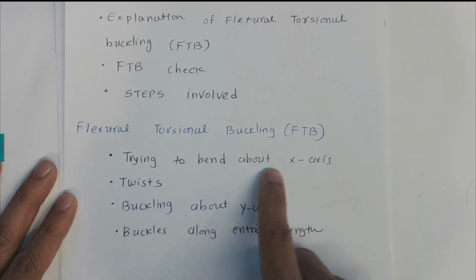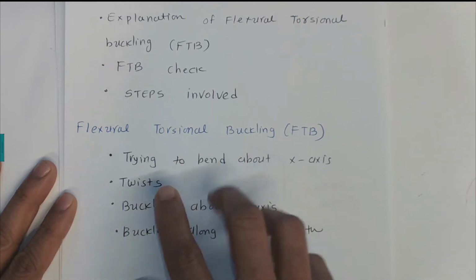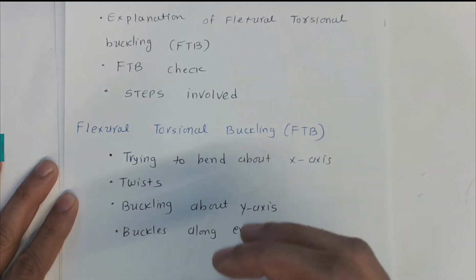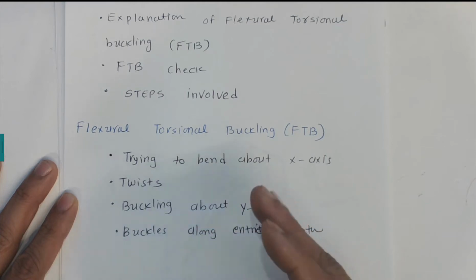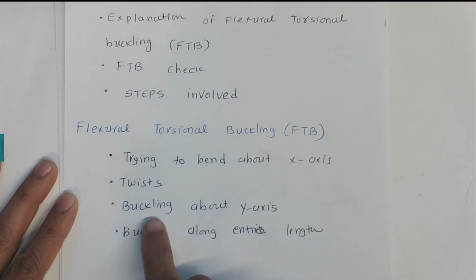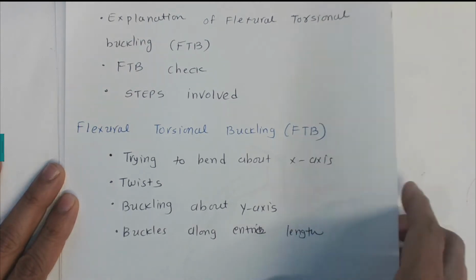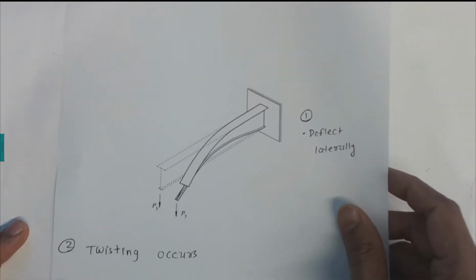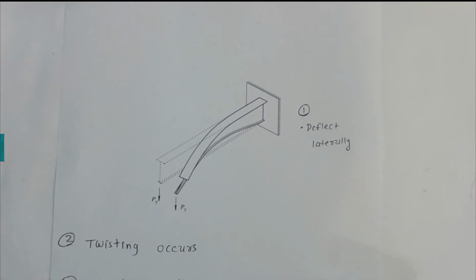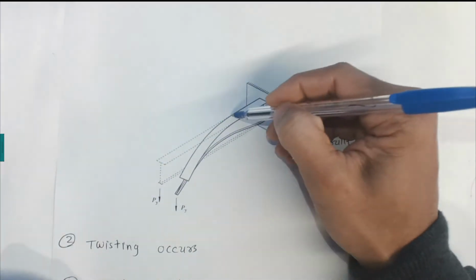We try to bend the steel beams about the x-axis, but it twists and buckles about the y-axis and buckles along the entire length. What does it mean? I am going to explain it in the pictures. In the pictures here, I have a beam. What is it trying to do? We have a loading on this dash line.